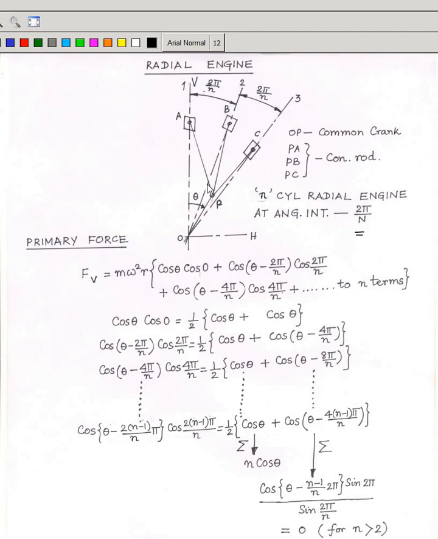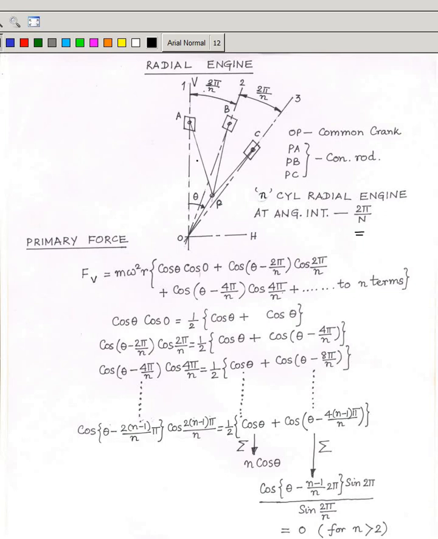For the second cylinder, the force mω²r cos θ is along this line, and you have to take a component along the vertical direction. From this line, the angle is θ minus 2π/n. So the force is mω²r cos(θ − 2π/n), because from the line of stroke the angle of the crank becomes θ − 2π/n, and that is along this line.